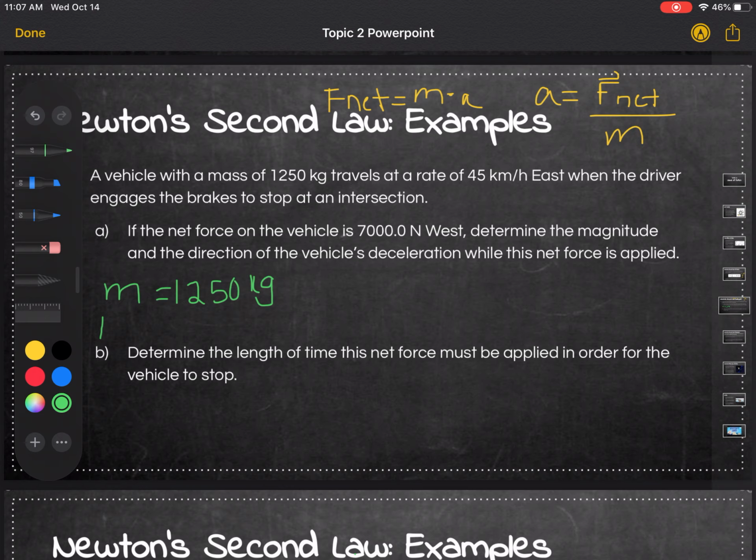So that is a velocity. That's not in our question, so I'm going to just keep reading. When the driver engages the brake to stop at an intersection, if the net force on the vehicle is 7,000 newtons west, so it's giving us a force.